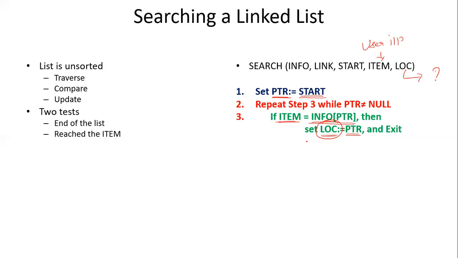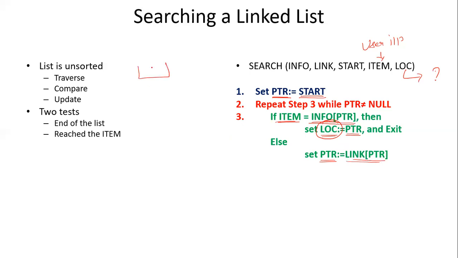That's one thing. Next, by chance, if the item is not equal to the info of PTR, then else we update the PTR to point to the next node in the linked list. How? By updating the PTR with the link of PTR.